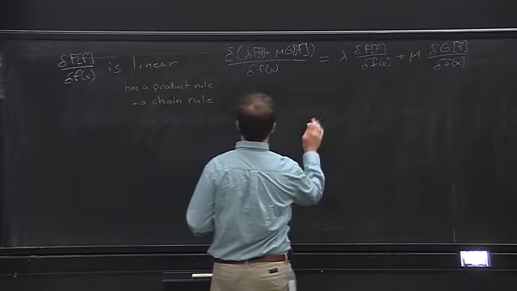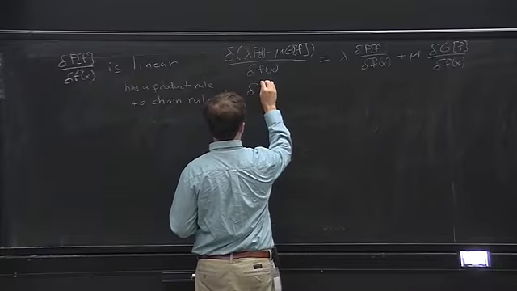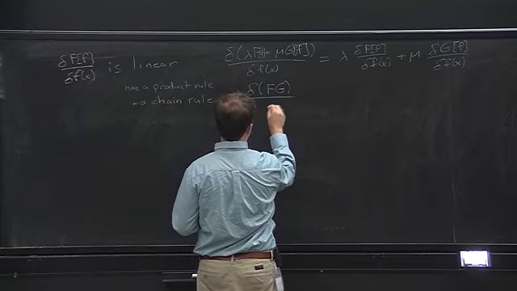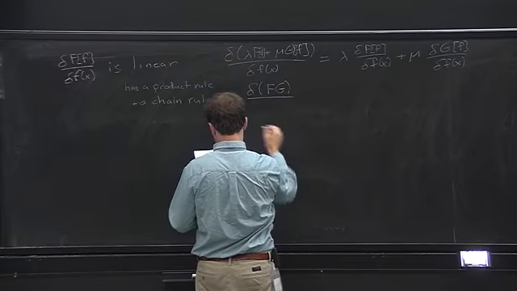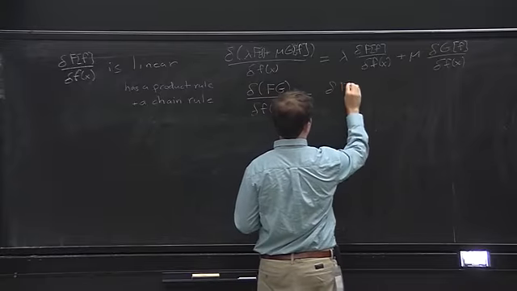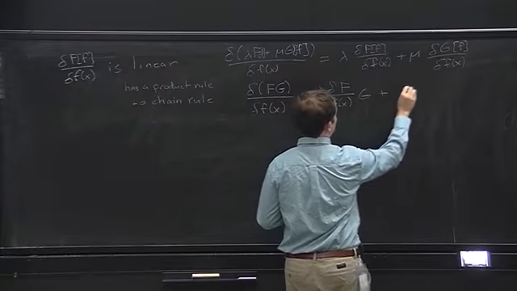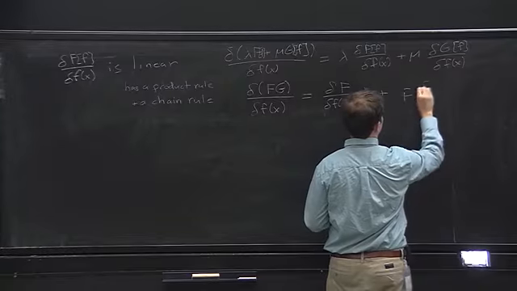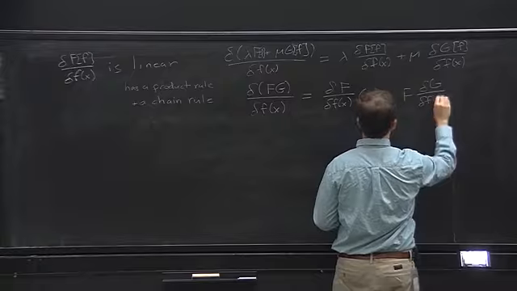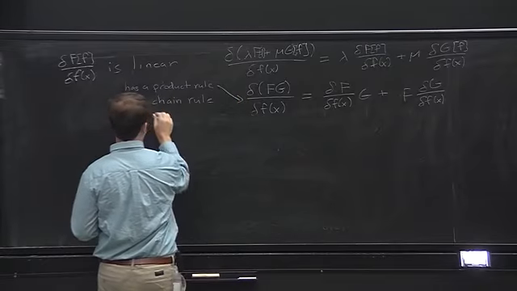The product rule is that if we take the functional derivative of a product of functionals, f times g, with respect to f, we get the functional derivative of f times g plus f times the functional derivative of g. So that's the product rule, and there are two different chain rules.